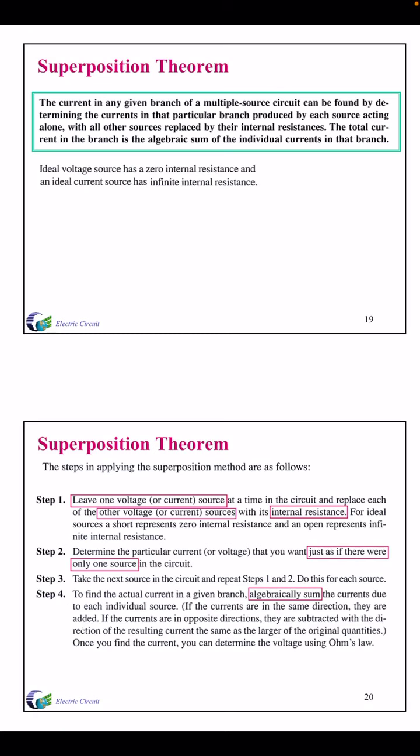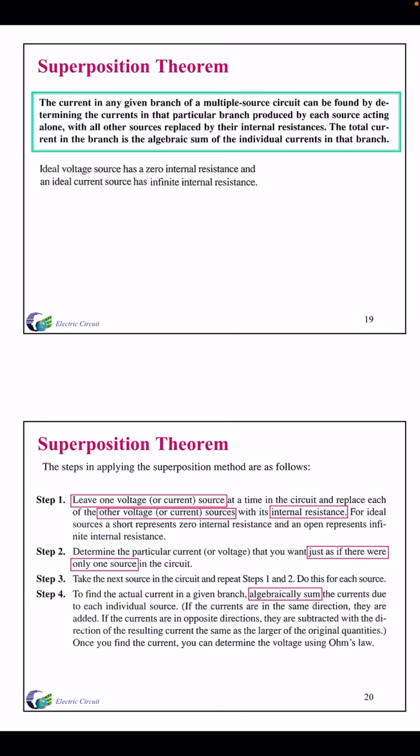Similarly we will repeat this process, and one by one we will take the other sources also. Finally we will have different currents in the same resistors according to the different sources.